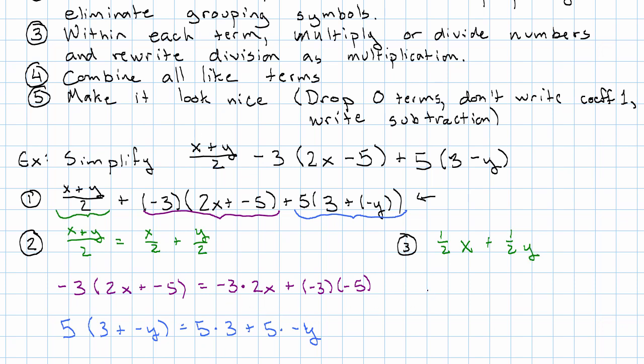Negative 3 times 2x is negative 6x. Negative 3 times negative 5 is plus 15. 5 times 3 is 15. 5 times negative y is negative 5y.